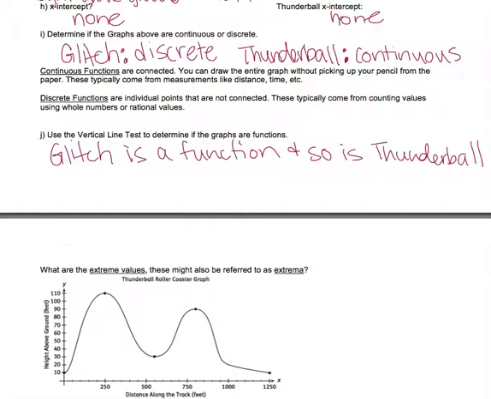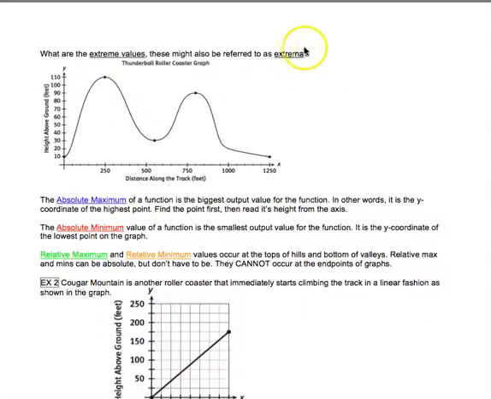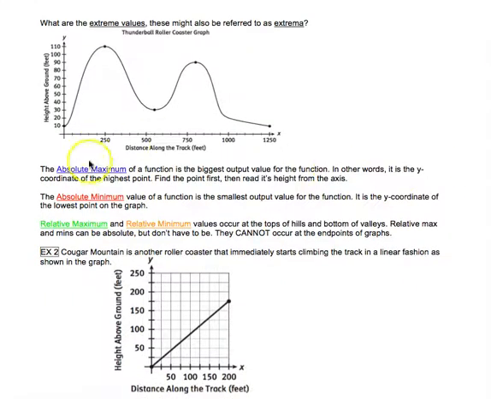All right, next, what are extreme values? And in math, we will call these extrema. Extrema is just the plural version for basically an extreme value. So the types of extrema that you want to know are absolute maximum, absolute minimum, relative maximum, and relative minimum.